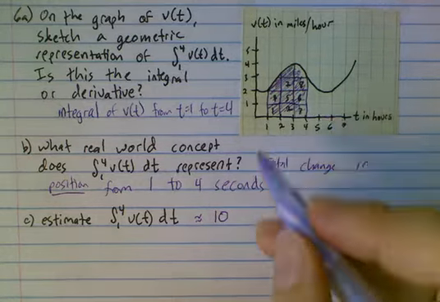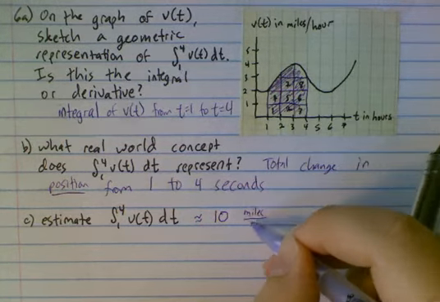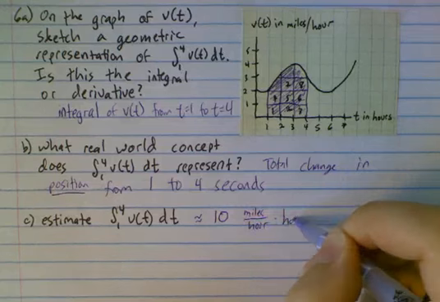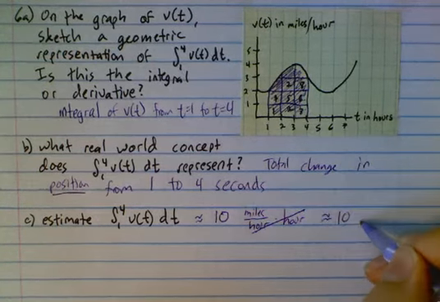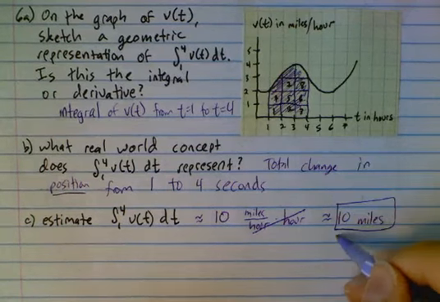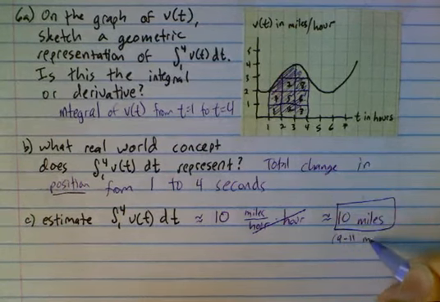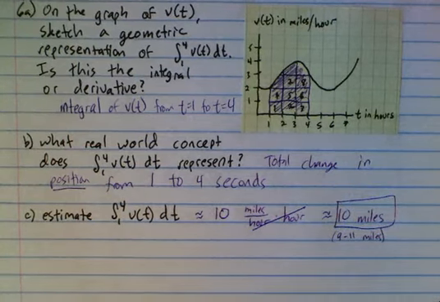Now, looking again at the units, this is area, so we're going to do miles per hour times hours, 10 miles. And again, we're probably looking at anywhere between 9 and 11 miles for an estimate.